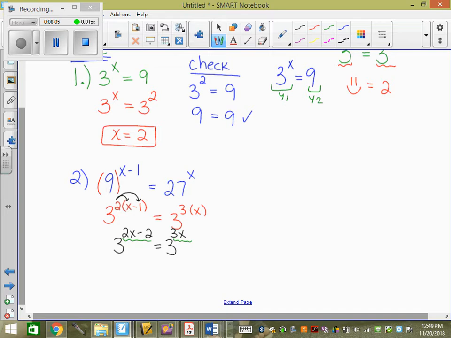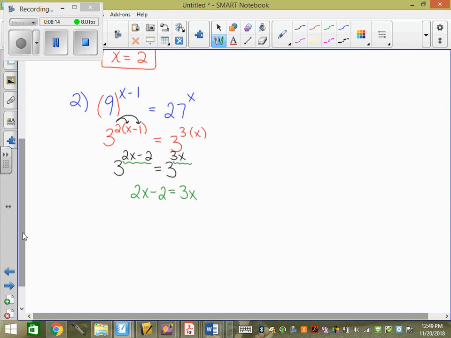So at the next step, once I have common bases, I can just put my exponents equal to each other. 2x minus 2 equals 3x. Because they must equal if my bases are the same. And then I'm just back to grade 9 and 10 solving. So subtract 2x. Negative 2 equals x.